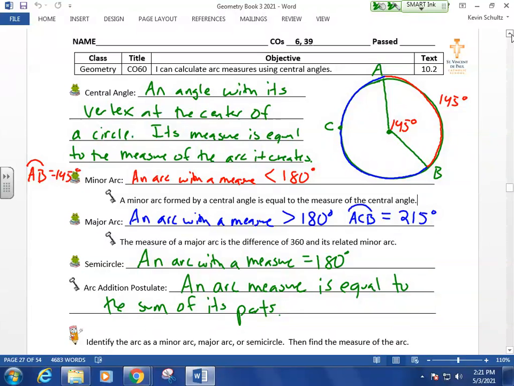And I'll draw one more thing in my circle up there to illustrate this point. An arc measure is equal to the sum of its parts. So arc AB here, if I were to add another section here, and we'll call this point D, okay? If I tell you that this is 30 degrees here, what's the measure of arc AD?